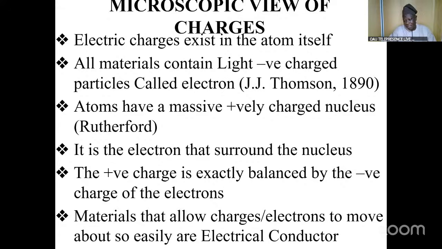So when I interchange charges for electron, we are still working along the same line of correction. So any material you come across that allows charges or electrons to move about so easily is referred to as an electrical conductor.